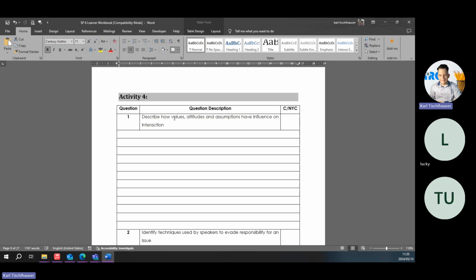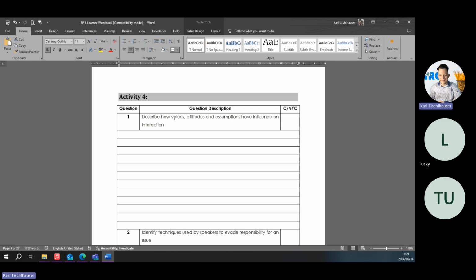And then attitudes is typically how we feel about different topics. So we might have a positive attitude towards one thing, but a negative one towards another. And then we have assumptions. Assumptions are things we assume. And everyone has assumptions. There isn't a single person without an assumption. Even when you have a conversation with 10 different people, you'll have 10 different assumptions about each of the people you've spoken to.